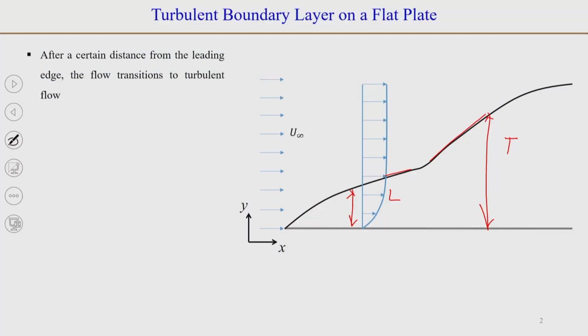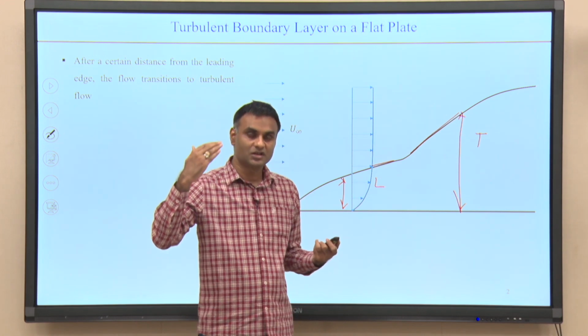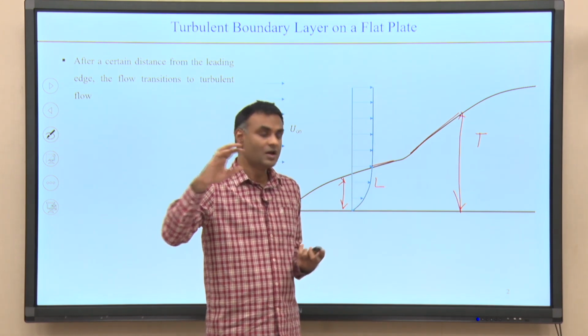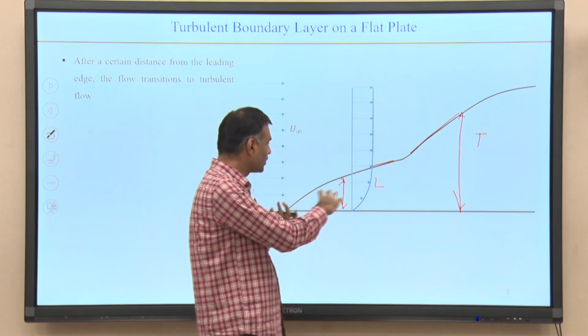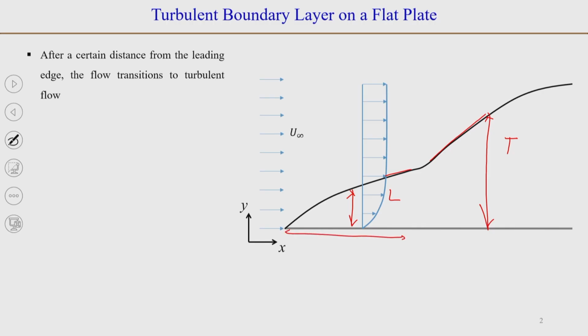Now, unlike in pipe flow, where we say that if you are talking about the same fluid and you increase the velocity or the flow rate, then the flow becomes turbulent, in flow over a flat plate, initially up to a certain distance from the leading edge, let us call it x critical, the boundary layer is laminar, and after that it transitions to turbulent.